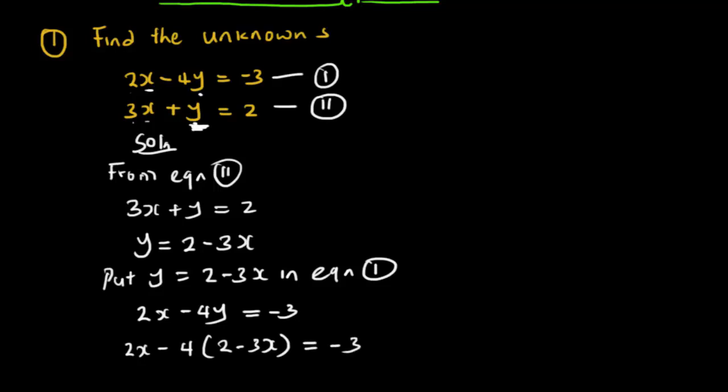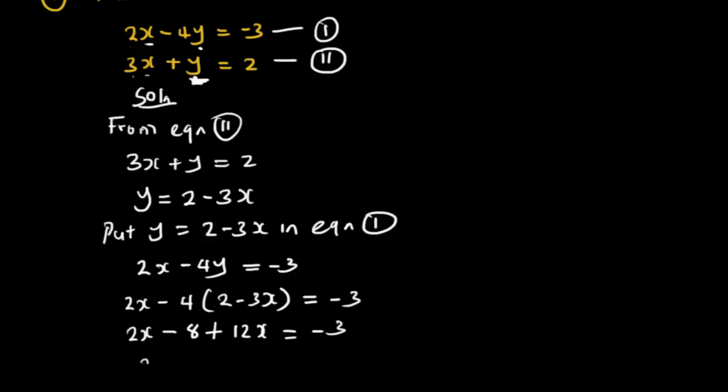Let's open this bracket. We'll have 2x, minus 4 times 2 gives minus 8, minus 4 times minus 3x gives plus 12x, equals minus 3. So I'll have 2x plus 12x minus 8 equals minus 3.